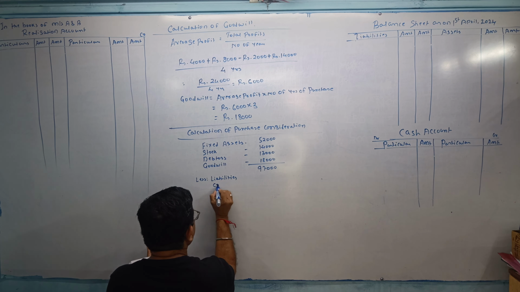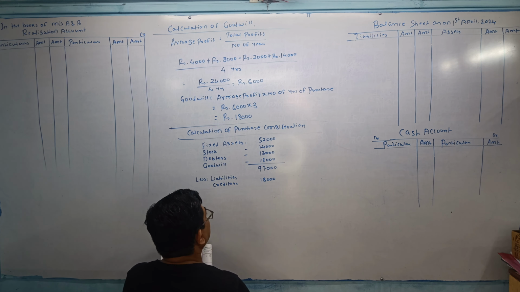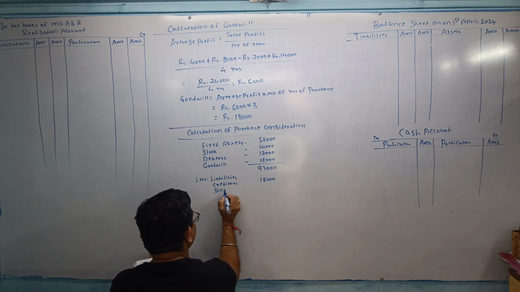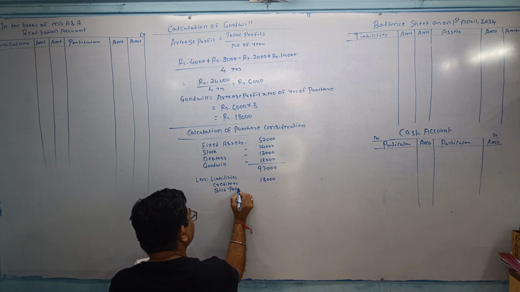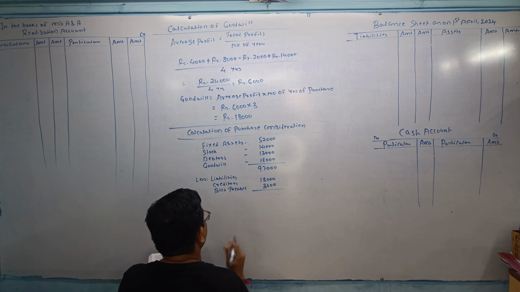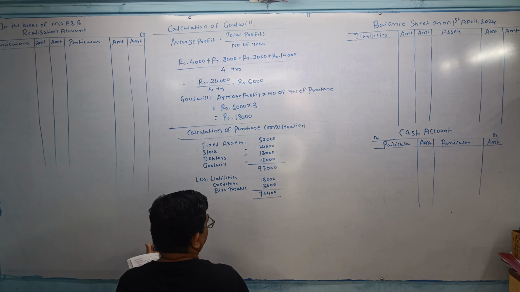So creditors 18,000, 20,000 minus 10%, एंड बिल्स पेबल 4000 है, उस पे 10%. So बिल्स पेबल 3600. So 75,400 is your purchase consideration.